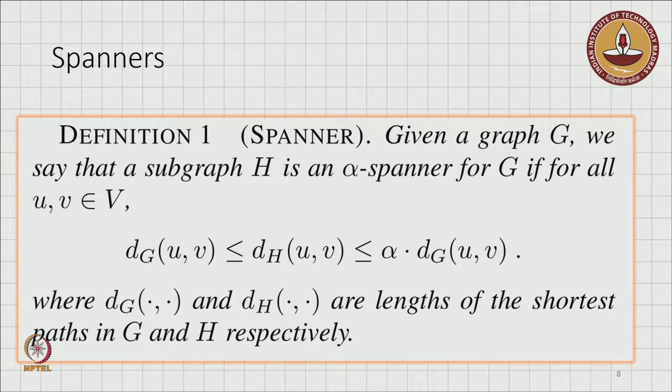So the original graph could be a much more complicated graph, and what we want is a sparser graph H, and typically a subgraph H.